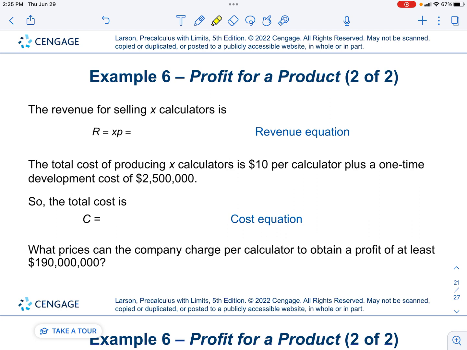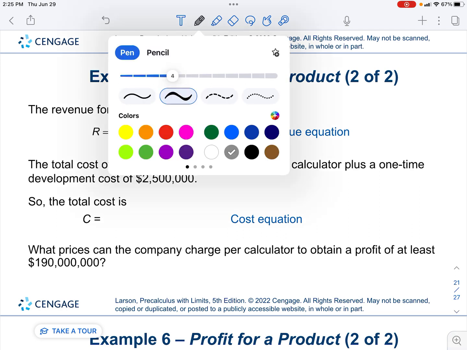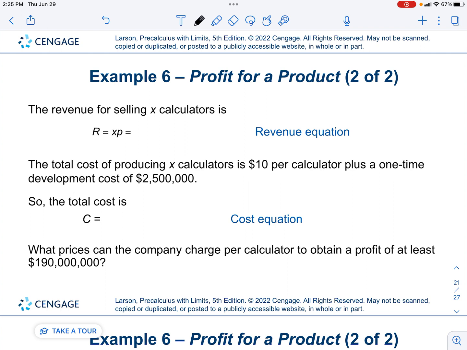And so if you go back and take the equations from there, X we can leave as X, and P we had written as 100 minus 0.00001X. That would be my revenue. It is the number of calculators sold times the price that you charge per calculator.